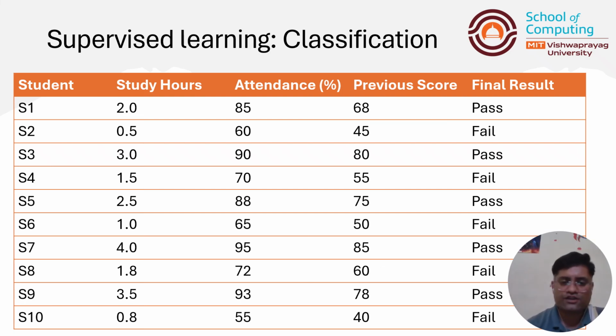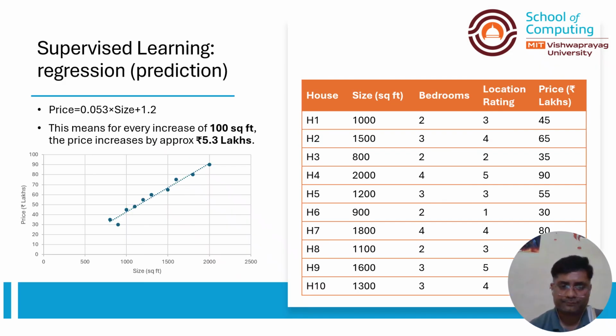So in addition to input data, I am providing the expected output, that is the final result. So it is called supervised learning, and whatever output I have can be classified into two classes, pass and fail. So this problem is called a classification problem.